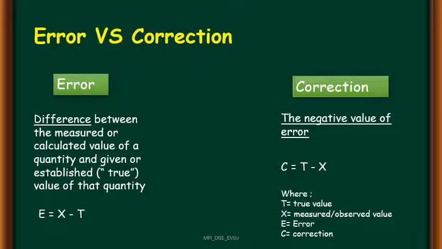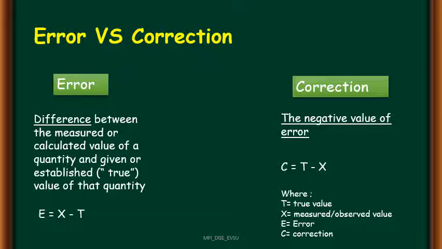When we say error, this is the difference between the measured or calculated value of a quantity and the established or true value of that quantity. So yung error natin, formula niya is x minus t, where x is yung na-measure or na-observe natin, and t is yung ating true value na na-establish.